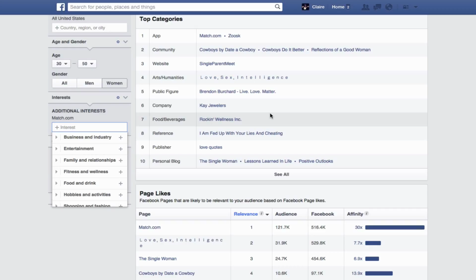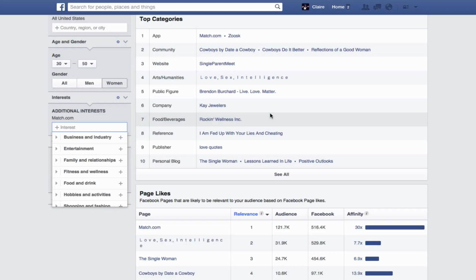But that's not true. Women who are interested in getting married, even if they aren't dating anyone yet, which is the target audience of my client, might still be interested in checking out Kay Jewelers or other jewelers just because they're interested. I mean, how many different things do you like on Facebook, even though you might not be the target audience at the moment?